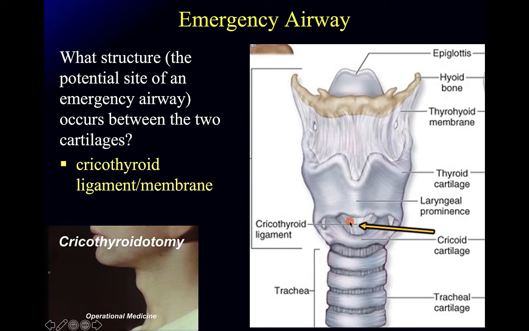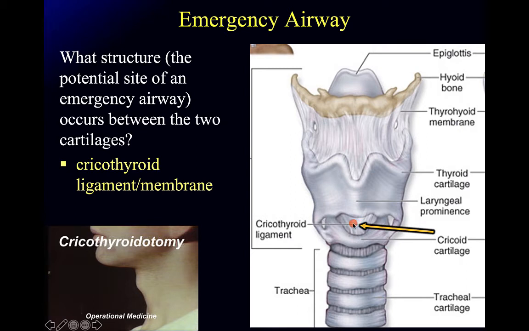You can even find texts that will recognize that portions of this are a membrane and portions are a ligament. For us, we'll treat it all as a single structure, and that means that if we find this laryngeal prominence on ourselves, we should be able to slide our fingers down and find a little divot in there, and that would be the cricothyroid ligament, which can be sliced through.